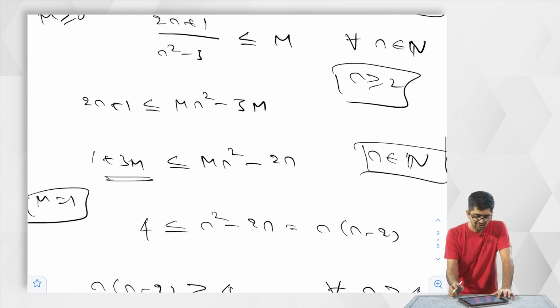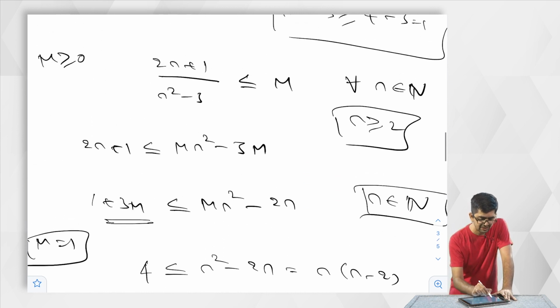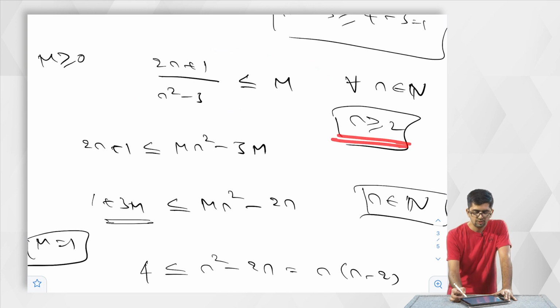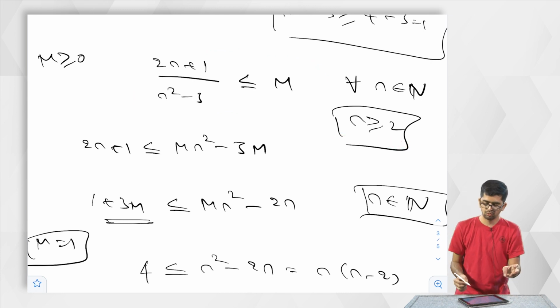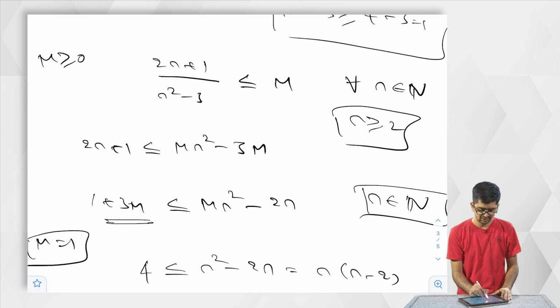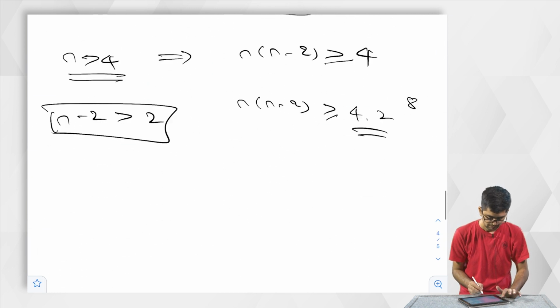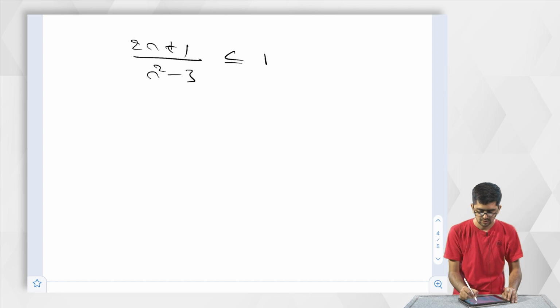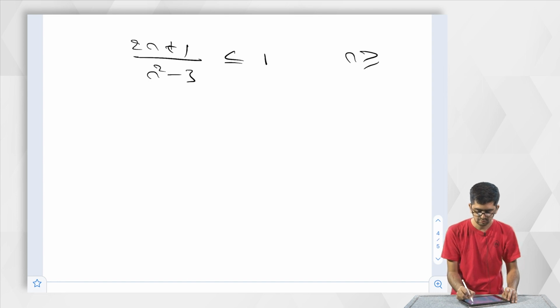So we were expecting that this is true for every n greater than or equal to 2, but we have only realized that for n equal to 2 and n equal to 3 this is not going to hold. So (2n plus 1) by (n squared minus 3) is less than or equal to 1 for n greater than or equal to 5, right?